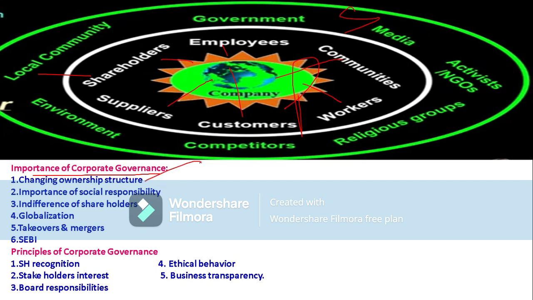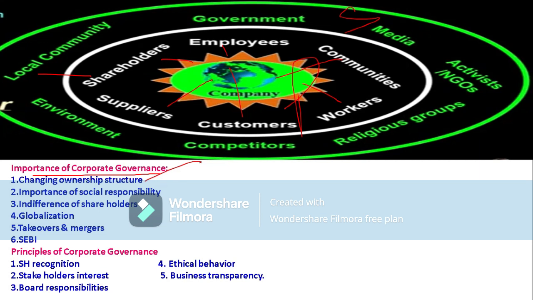Okay, so whenever any company is going for mergers or takeovers, it will see whether the company is implementing corporate governance. Corporate governance is nothing but following the proper rules and regulations, the policies and processes, on the principle of accountability, transparency and ethical behavior.